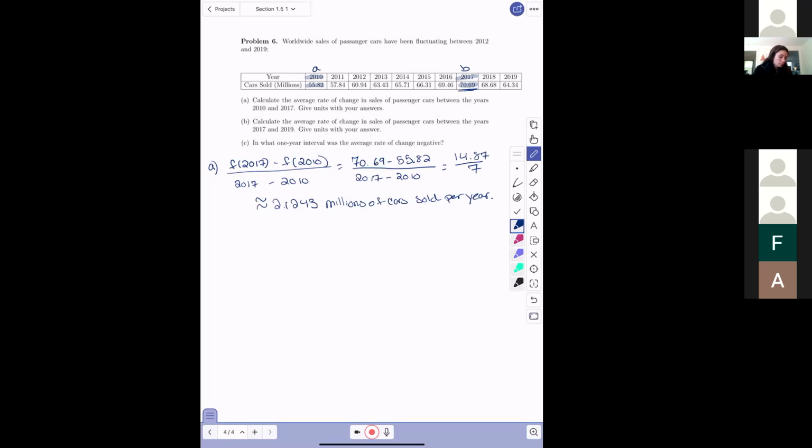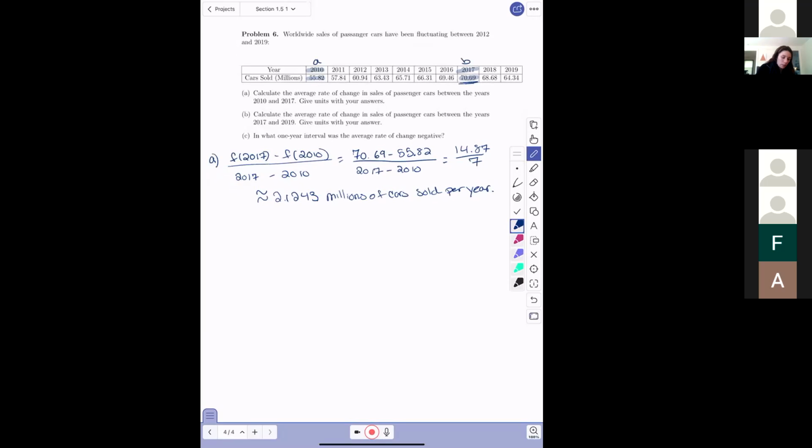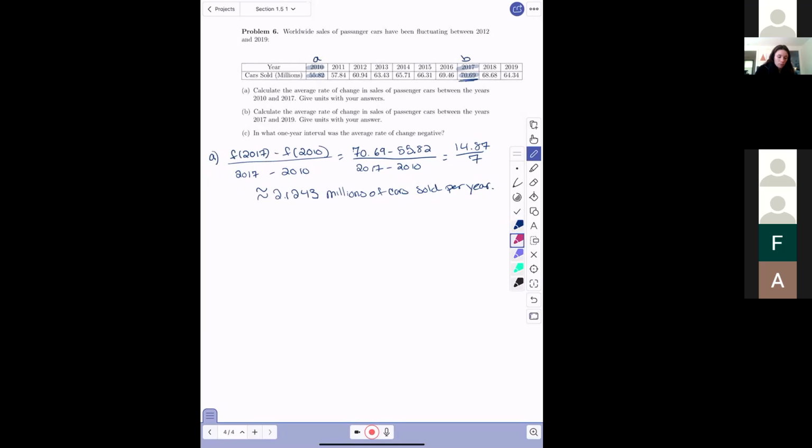Okay. Moving on to B then. Calculate the average rate of change in sales of passenger cars between the year 2017 and 2019. So our points here are 2017 and then 2019.